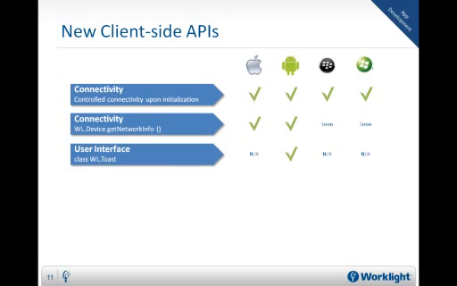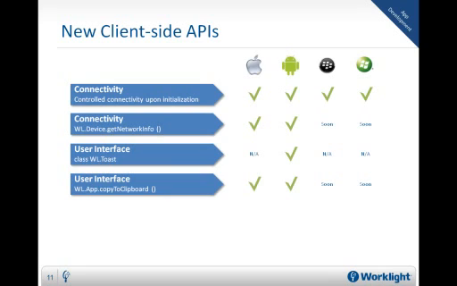Now, speaking of user interface, the Toast object in Android lets you invoke the Android Toast UI object, which is a temporarily appearing text box used to show informative messages. And the copy to clipboard method lets you programmatically copy data displayed in a web page to the clipboard.